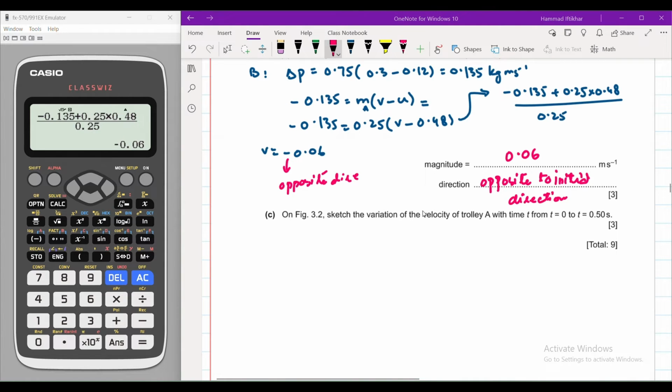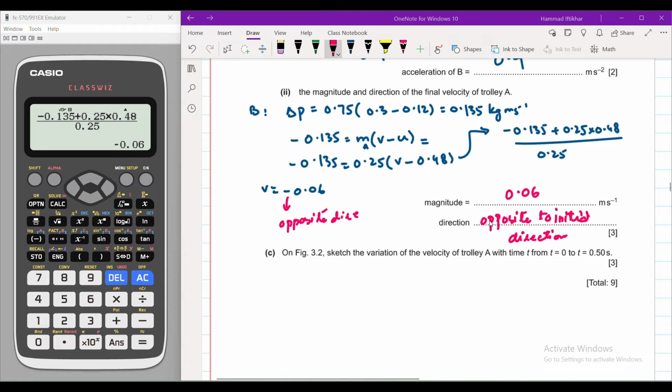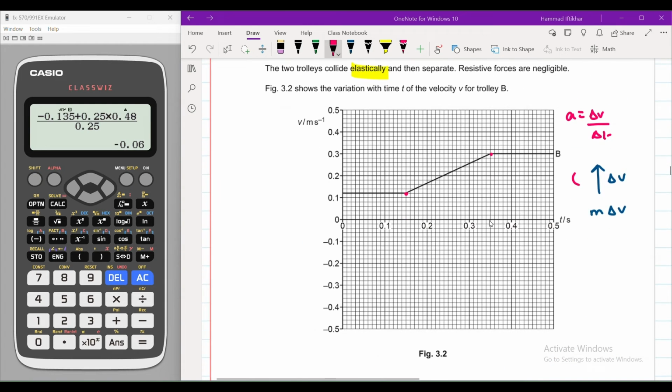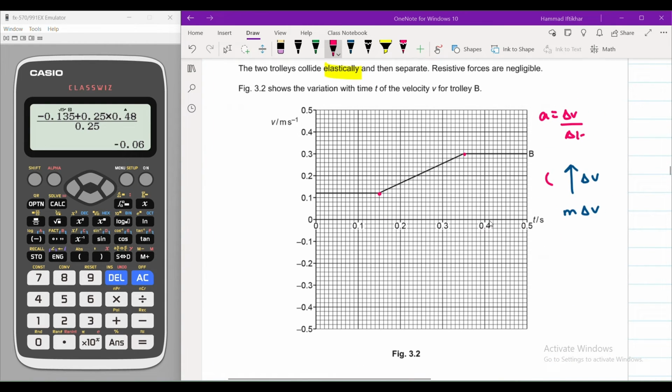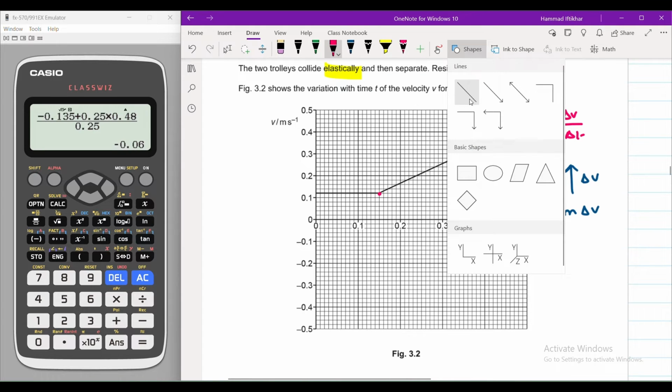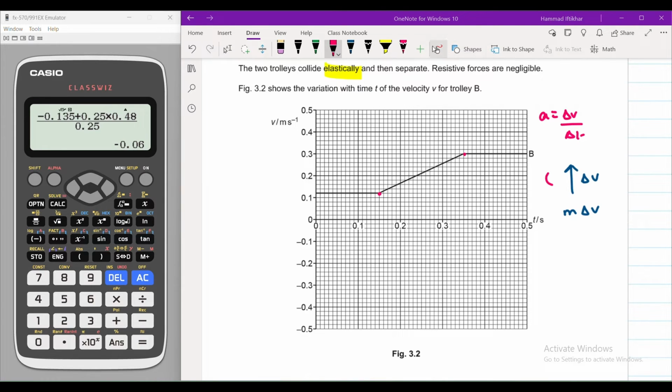On figure 3.2, sketch the variation of the velocity of trolley A with time t from time 0 to 0.5. Okay. So, right. Okay. All right. So the collision will happen in the same time frame.